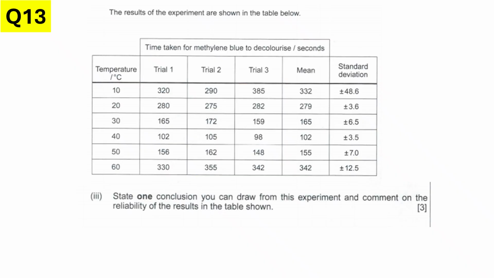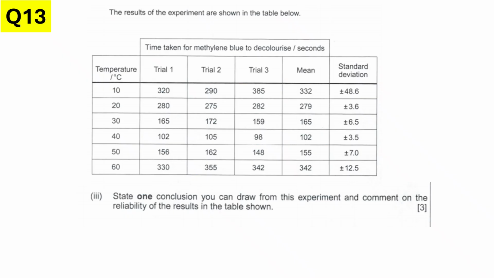Okay, so the last part of the question gives us some data to start to evaluate, and it's asking us to draw one conclusion from the experimental data in the table. So we're given 3 trials at each of the different temperatures tested, and they've calculated the mean value. So it's the mean seconds for methylene blue to decolorize, and then we're given some standard deviations above and below each mean value.